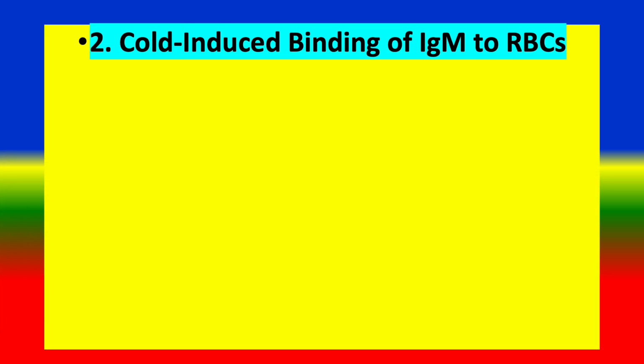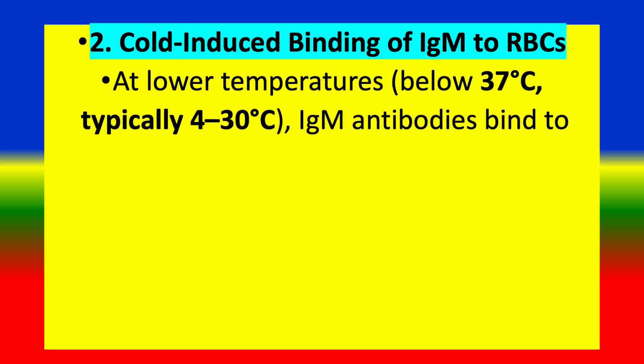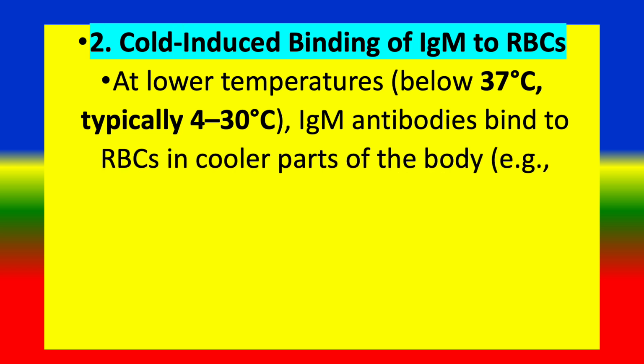2. Cold induced binding of IgM to RBC at lower temperature below 37 degrees Celsius, typically 4 to 30 degrees Celsius. IgM antibodies bind to RBC in colder parts of the body.